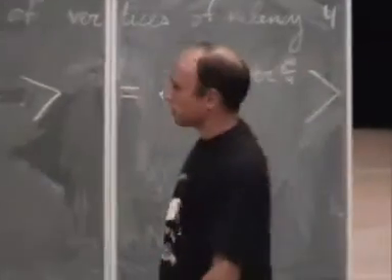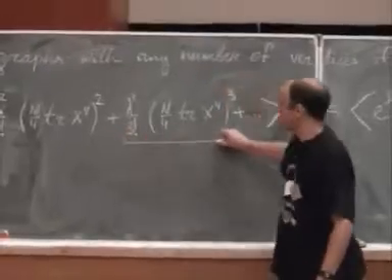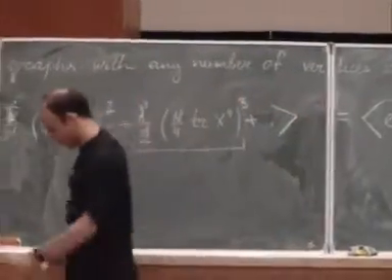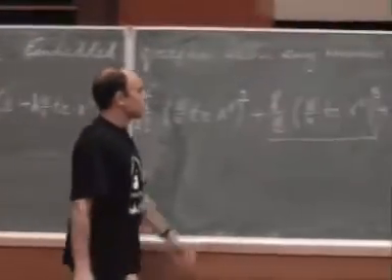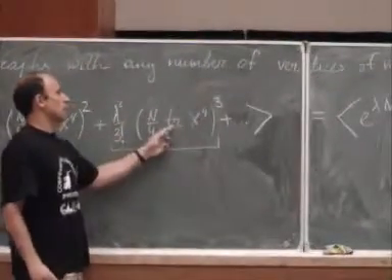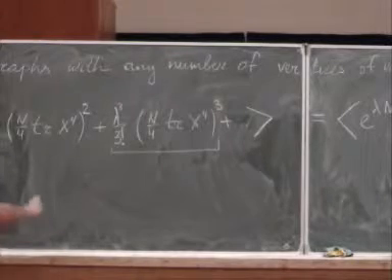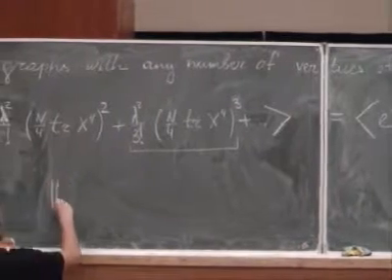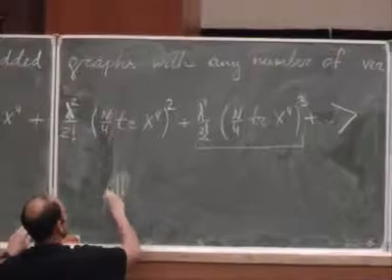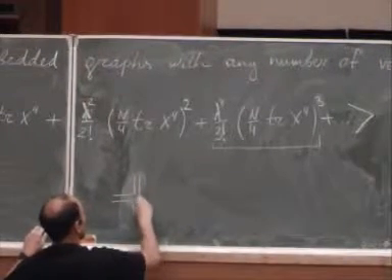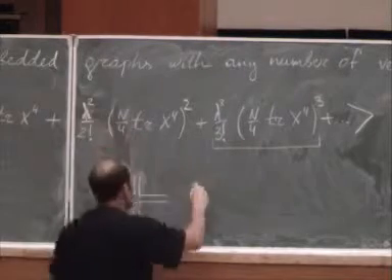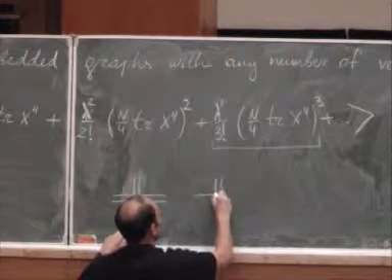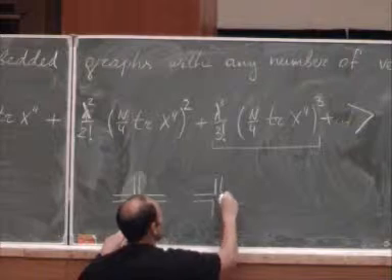Okay, so let me explain. Let us consider, for example, the contribution of this term. As before, I represent every trace of x to the power 4 with a picture like that. But now I have 3 traces of x to the power 4, so I draw 3 pictures like that.